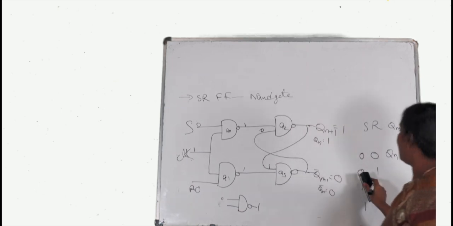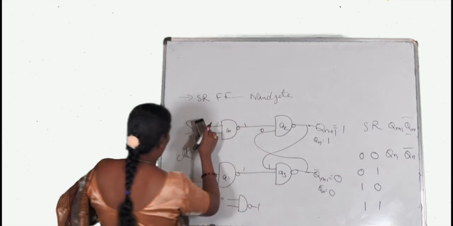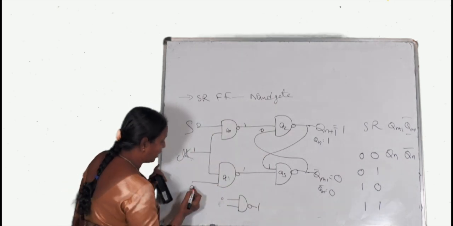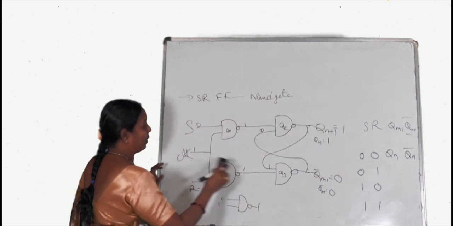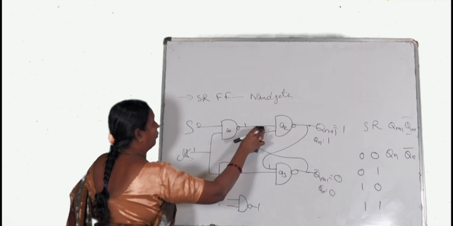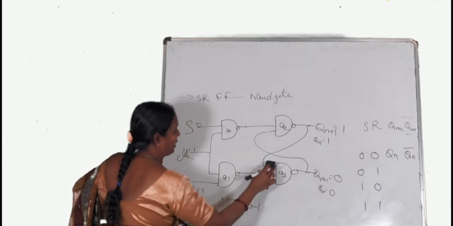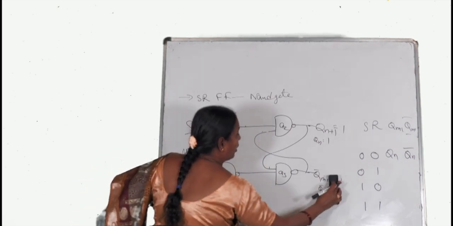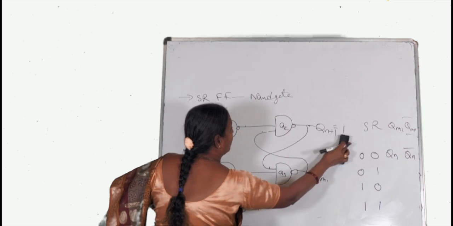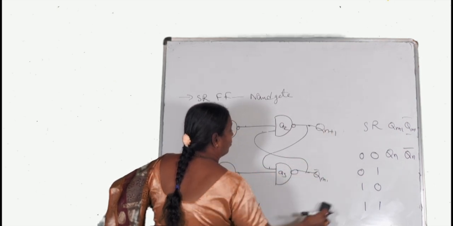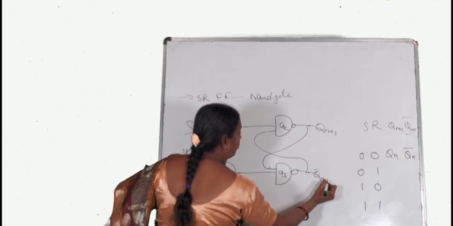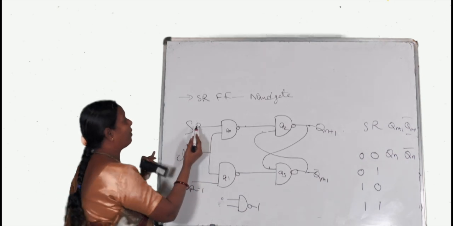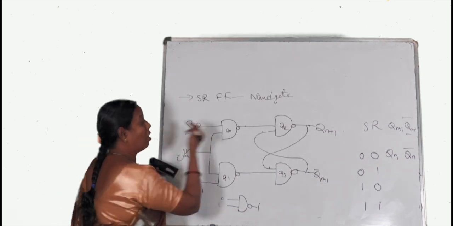The next combination is 0, 1, so R is equal to 1. As we know, if any one of the inputs is 0, the output is 1.